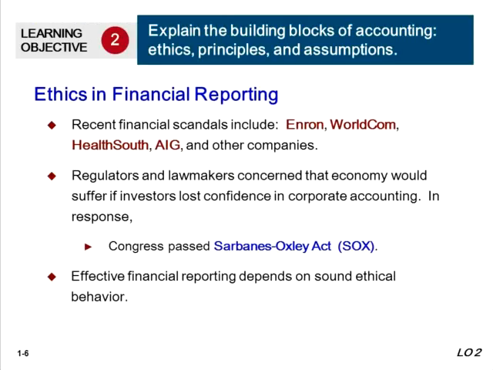All right, as you may recall, there were a number of major frauds committed by top management of such organizations as Enron, WorldCom, HealthSouth, and AIG, and there are other companies.